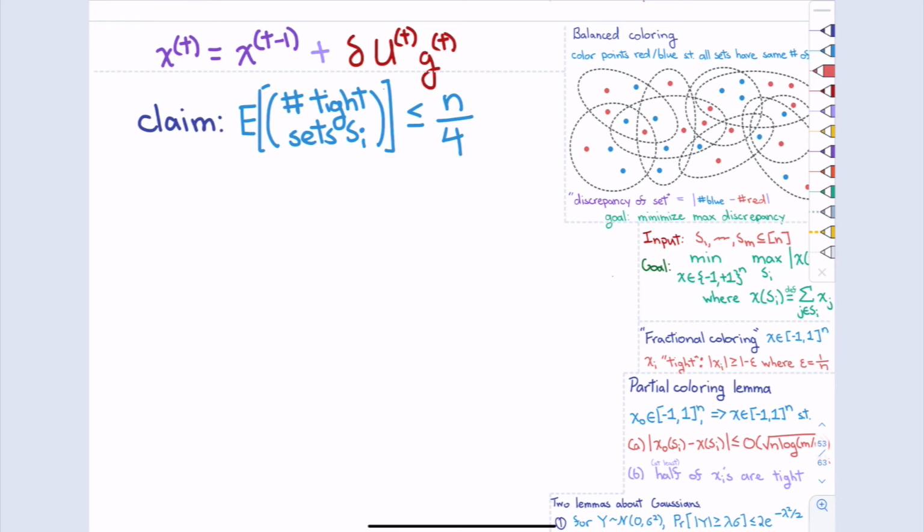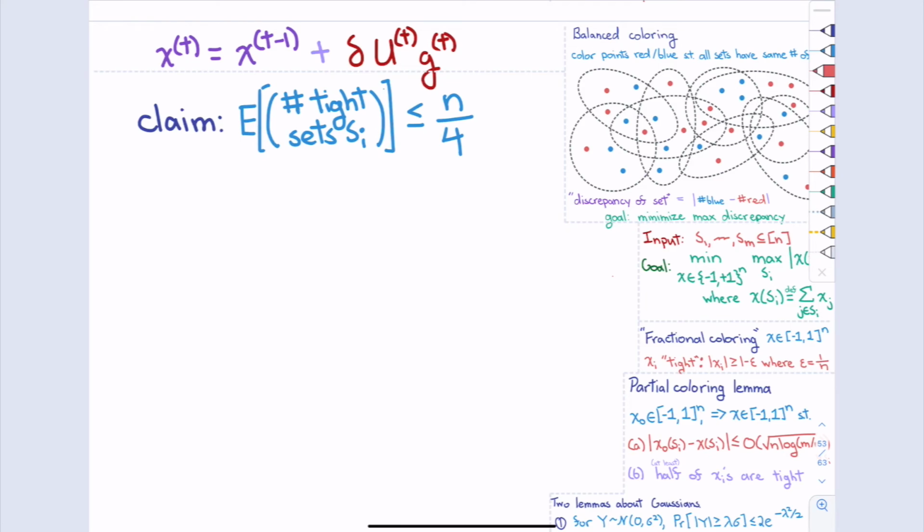Okay, so let's just look at a particular set, and I want to show that the odds of it being violated are small, and then we'll take some expectation at the end, by linearity of expectation. So for each set, the damage I'm doing, or the change in discrepancy, is a Gaussian random variable with variance at most 1 times the size of S_i, dampened by the step size. And over t steps, I'm really summing together t Gaussian random variables.